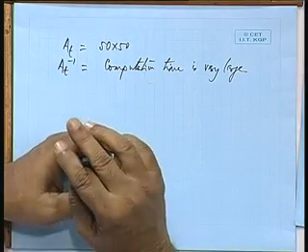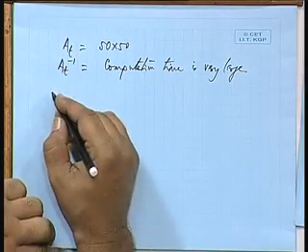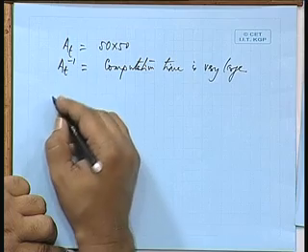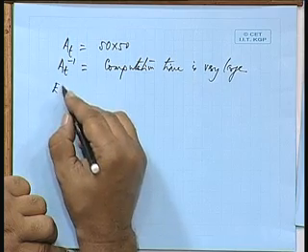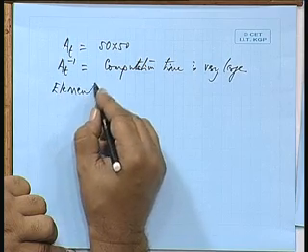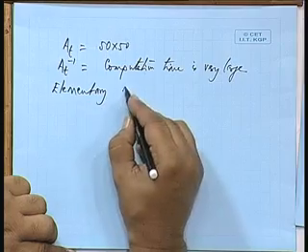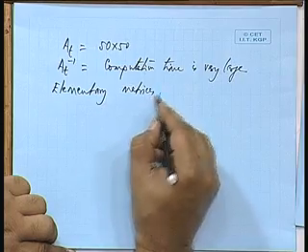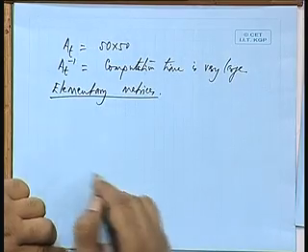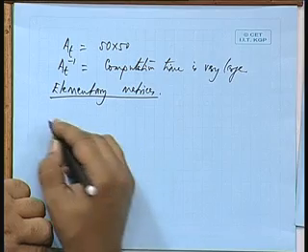So, we have already discussed 3 types of elementary matrices, depending on the 3 types of operations.